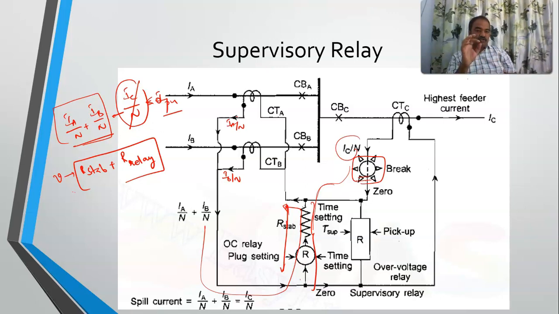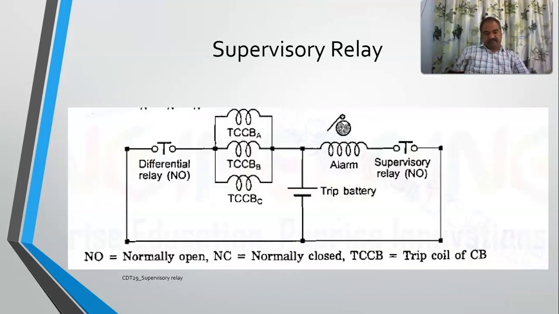So what you should do, you must choose a voltage relay which operates such that if there is a voltage being developed across this one, and it is greater than your pickup value, then automatically it must give a signal that one of the CTs is open circuit, isn't it? So that's fine. Here comes the concept of the supervisory relay. Now, if you carefully see, this is a supervisory relay.